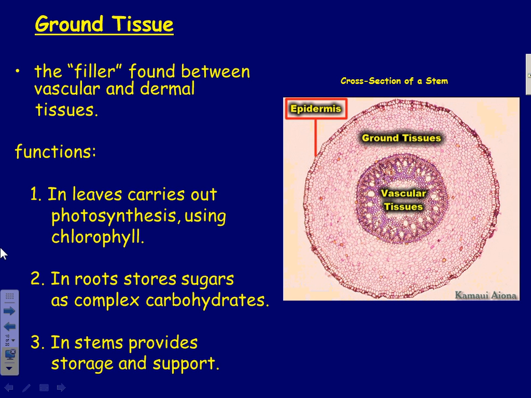And it's the filler in between. And in a tree ring, the vast majority of that thickness of that ring would be ground tissue. All right, the vast majority of that ring's diameter.